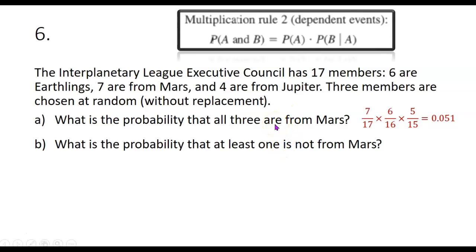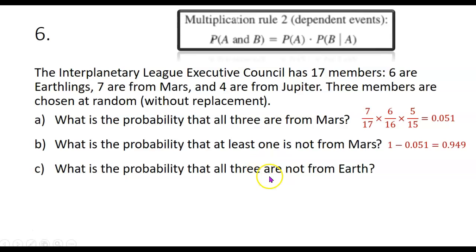Either all 3 are from Mars, or there's at least one that's not. So the probability that at least one is not from Mars should be 1 minus the probability that all 3 are from Mars. So we just have to calculate 1 minus 0.051, and we get the answer 0.949.